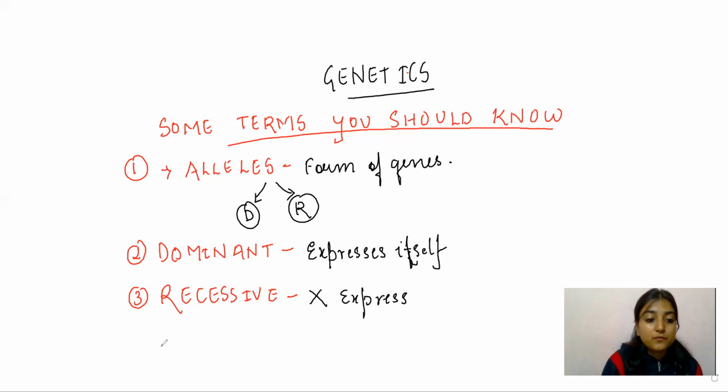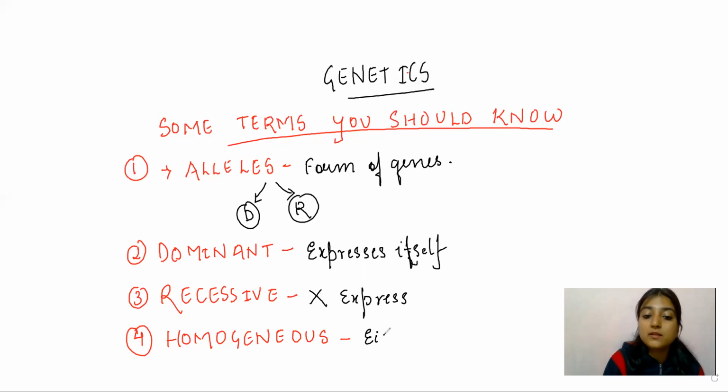Now, the fourth term is homogeneous. Homogeneous is defined as whenever the gene consists of either the dominant type or the recessive type.